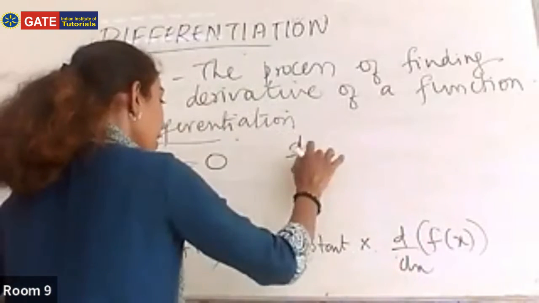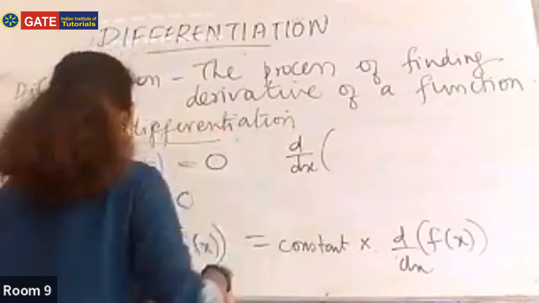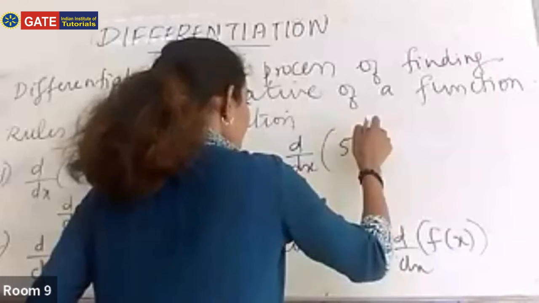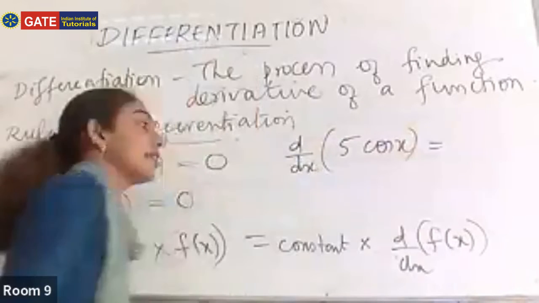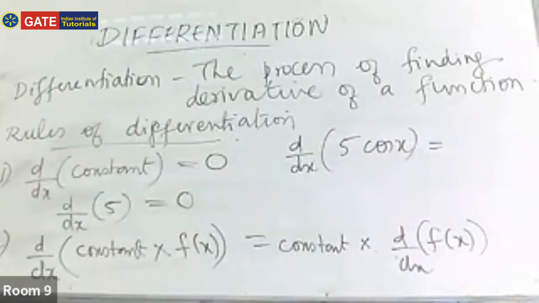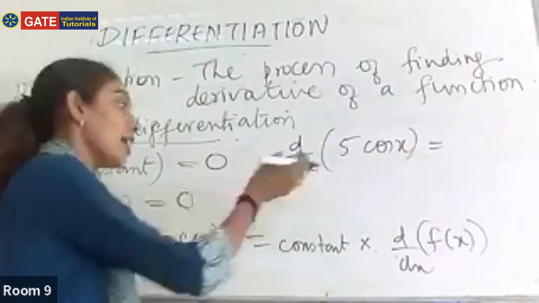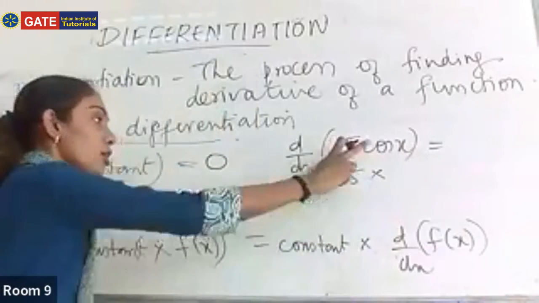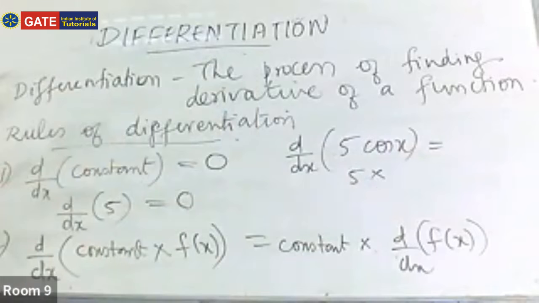If you have d by dx of five cos x, then what will be the answer? 5 into minus sin x. 5, take it outside, then we have to multiply, right? What is the derivative of cos x?